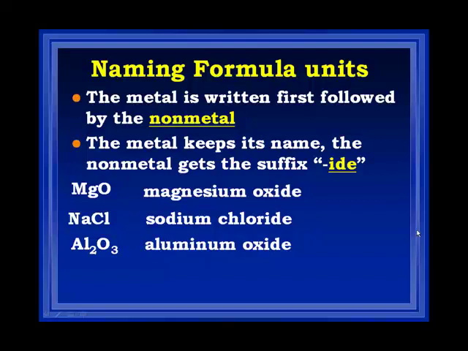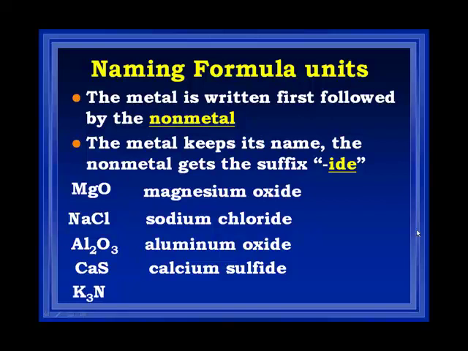Aluminum and oxygen is aluminum oxide. Calcium with sulfur is calcium sulfide. So real easy, real basic, just the metal followed by the nonmetal.